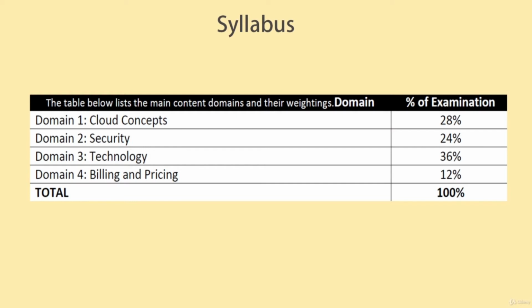Cloud concepts would consist of 28% of questions, security 24%, technology 36%, and billing and pricing 12%. The services that you are using would be covered in technology and cloud concepts. Security would be evaluated based on your IAM roles and different identity and access management tools. And billing and pricing would test your skill over this area.